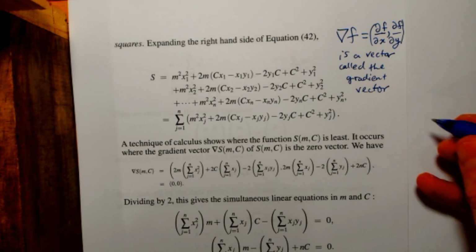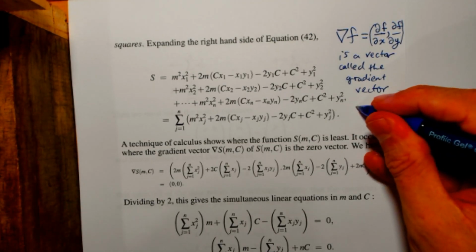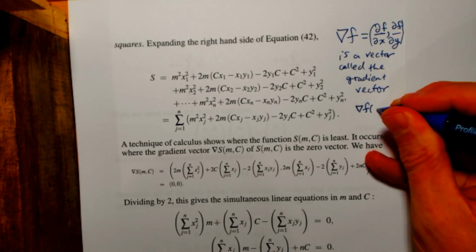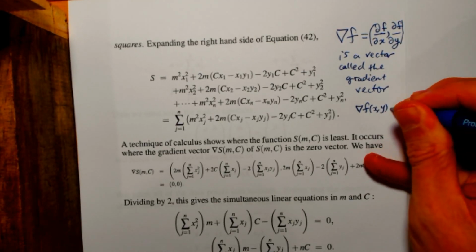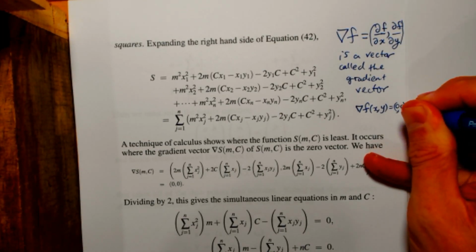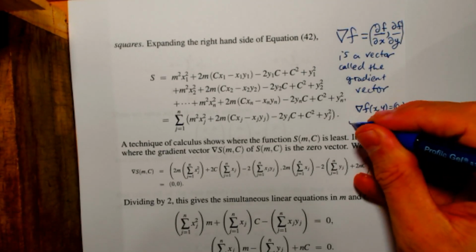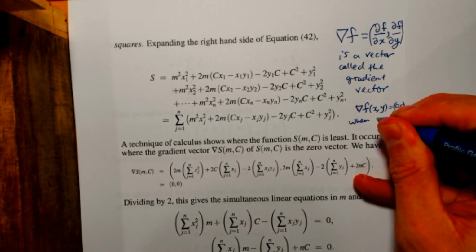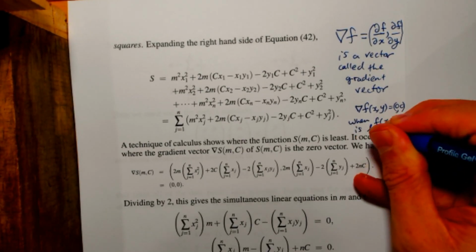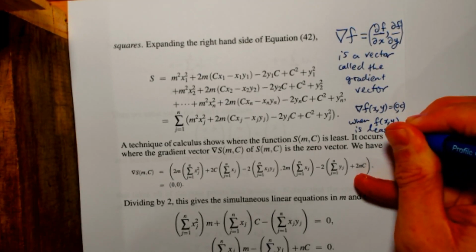Okay, and in particular, the gradient vector at x, y is the zero vector when f of x, y is least or greatest.